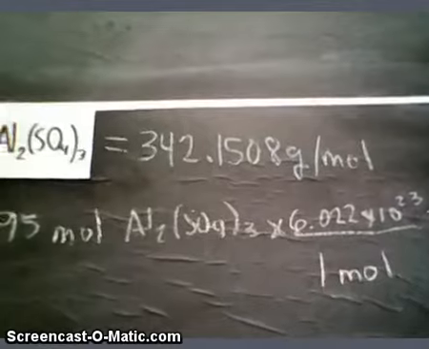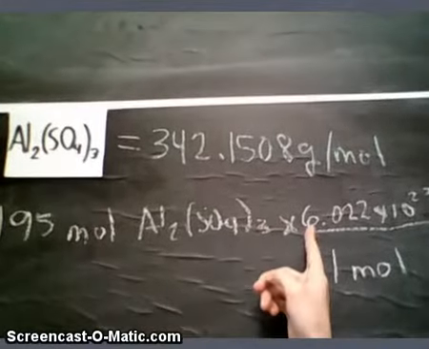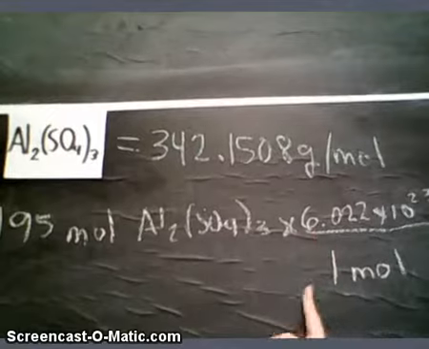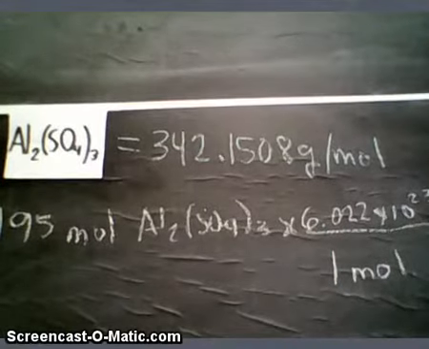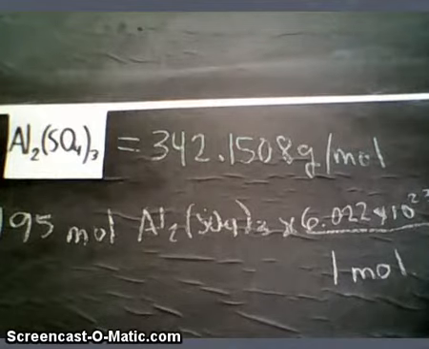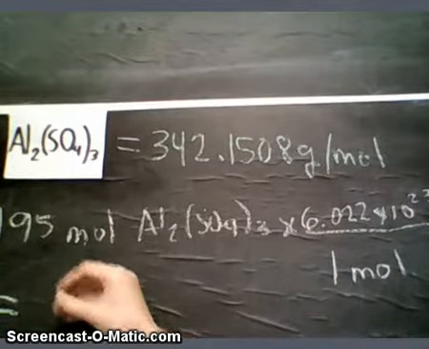Now, what we have to do to solve this problem is multiply 195 times Avogadro's number. It's divided by 1, so we're not going to do the final step. And take out your calculator so that I have the answer. Okay, here it is.